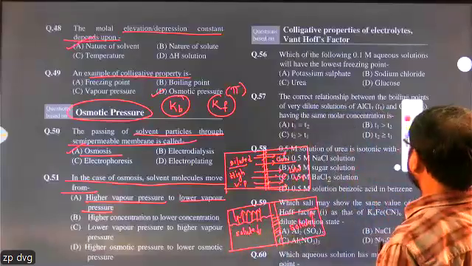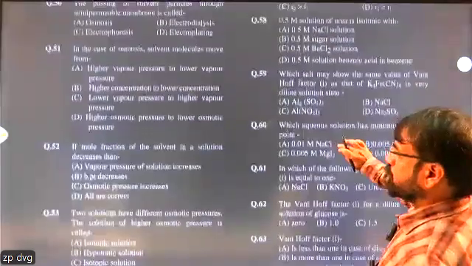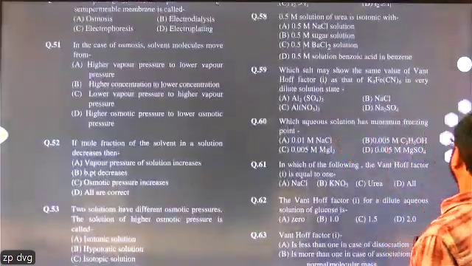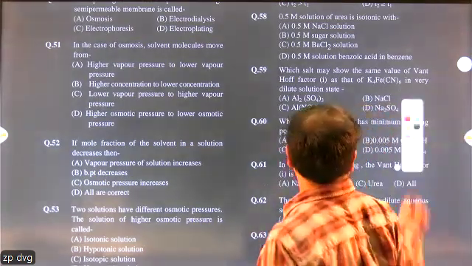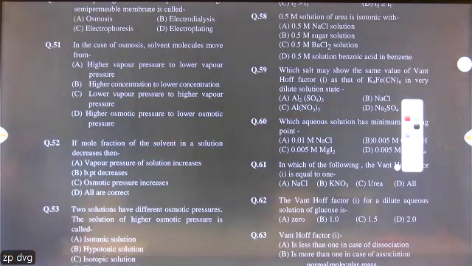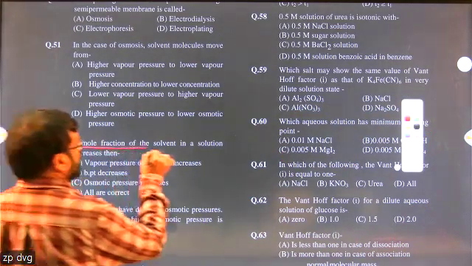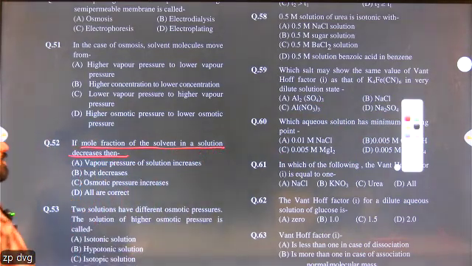Next, question number 52. If the mole fraction of the solvent in the solution decreases, then what happens?